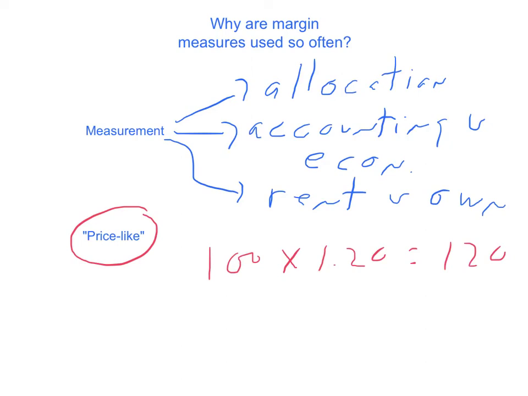Things are a little bit less price-like when you get to operating margin measures or operating cost plus, but it still has a better feel and it looks a little bit more like setting prices and dealing with prices to many businessmen and to many tax authorities than rate of return measures. And often this type of perception is important.